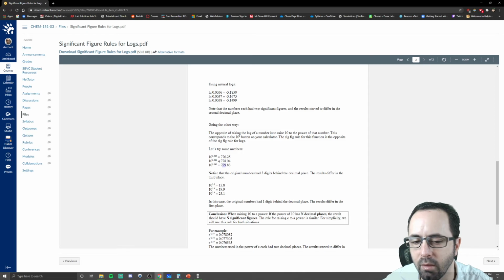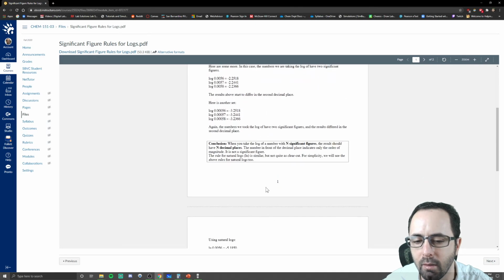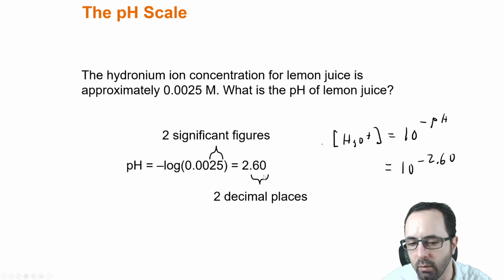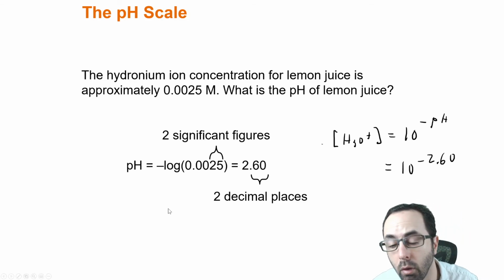The rules are given to you here in the boxes. They're also here on the slide. If you're taking the log of a number with 2 sig figs, the result should have 2 decimal places. If you're taking the antilog of a number with 2 decimal places, you should write the result with 2 sig figs. That's the rules for sig figs for logs.